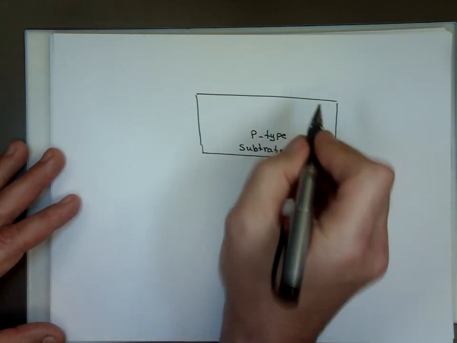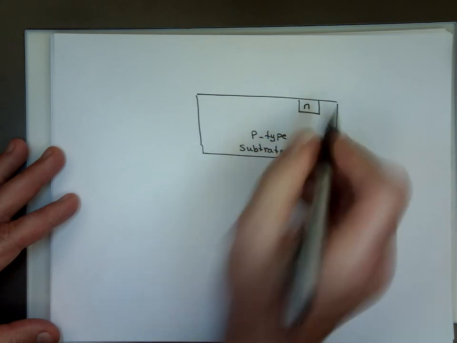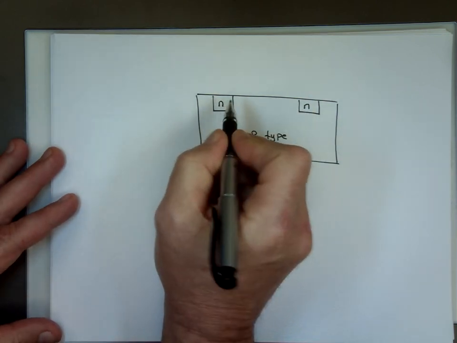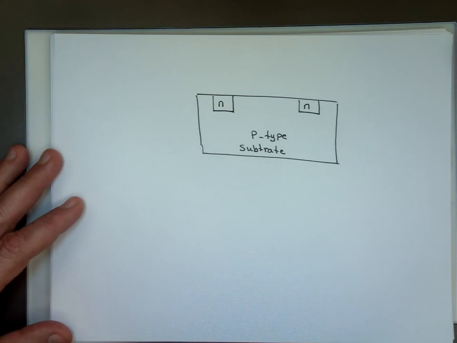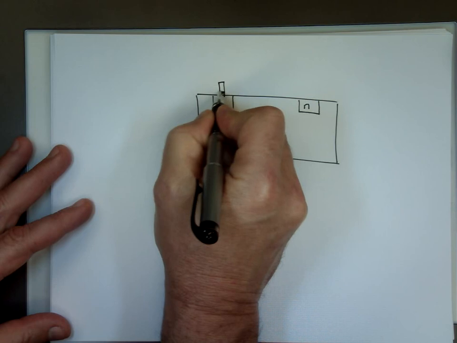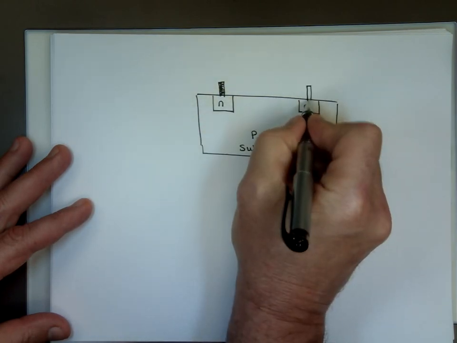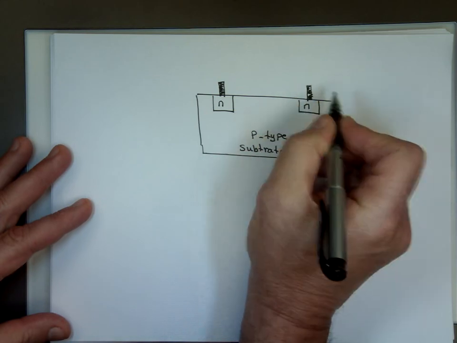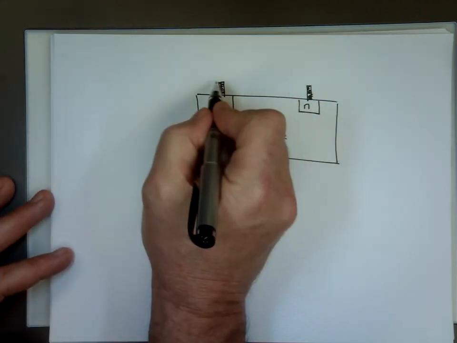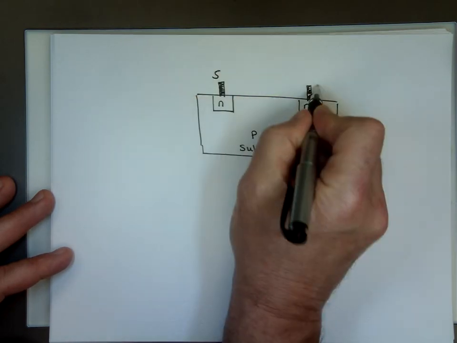And we take two negative materials and plant them here, one here and another one here. If we attach a little attachment to each end piece, one of these ends is going to be the drain, and the other one is going to be the source. So I'll make this one the source, and this is the drain.